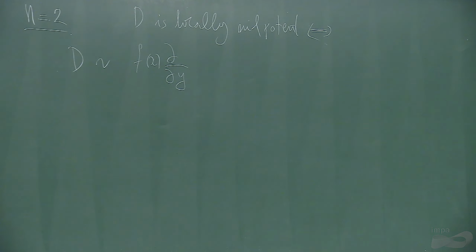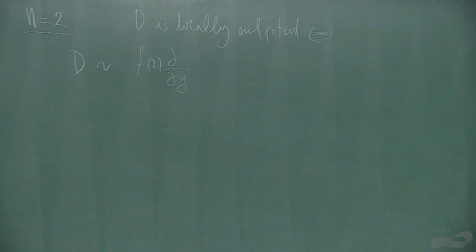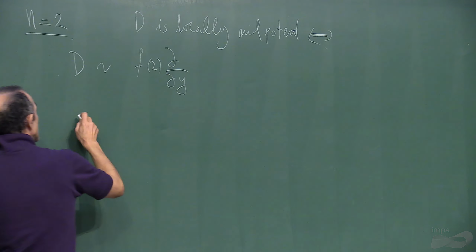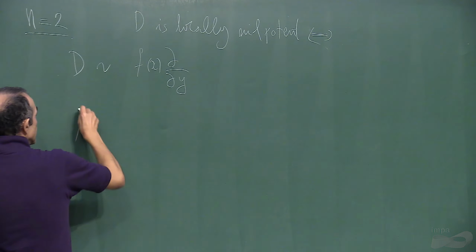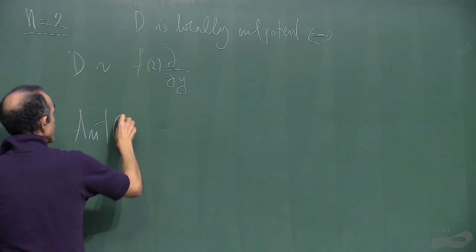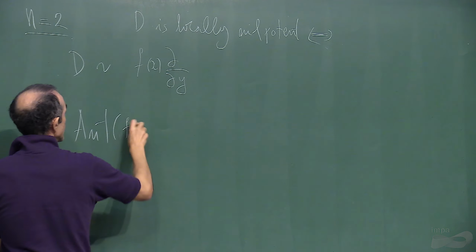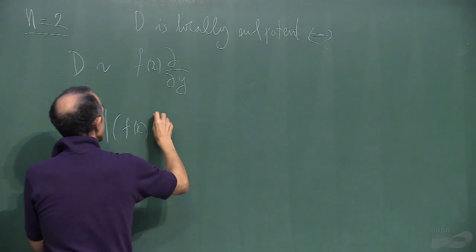It's a result by Chandler. And with this result, one may calculate the isotropy of this derivation, which is conjugated to the other one.